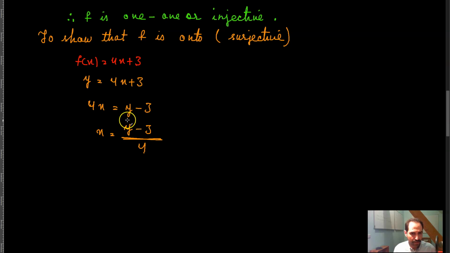So y is originally the output of this function, which is f of x. So this f of x is basically y, and this x is the input of that function.